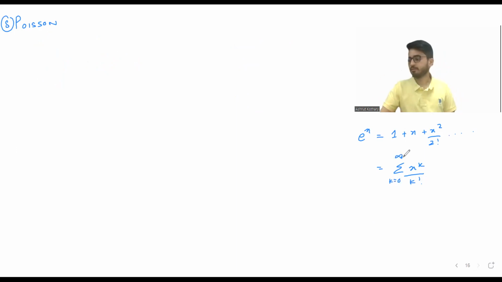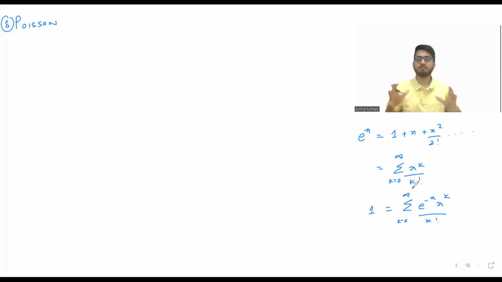So now, if I multiply both the sides with e to the power minus x, will I get a 1 on the LHS? And here I'll get e to the power minus x, x to the power k by k factorial. All these things are adding up to give us what? 1 now.